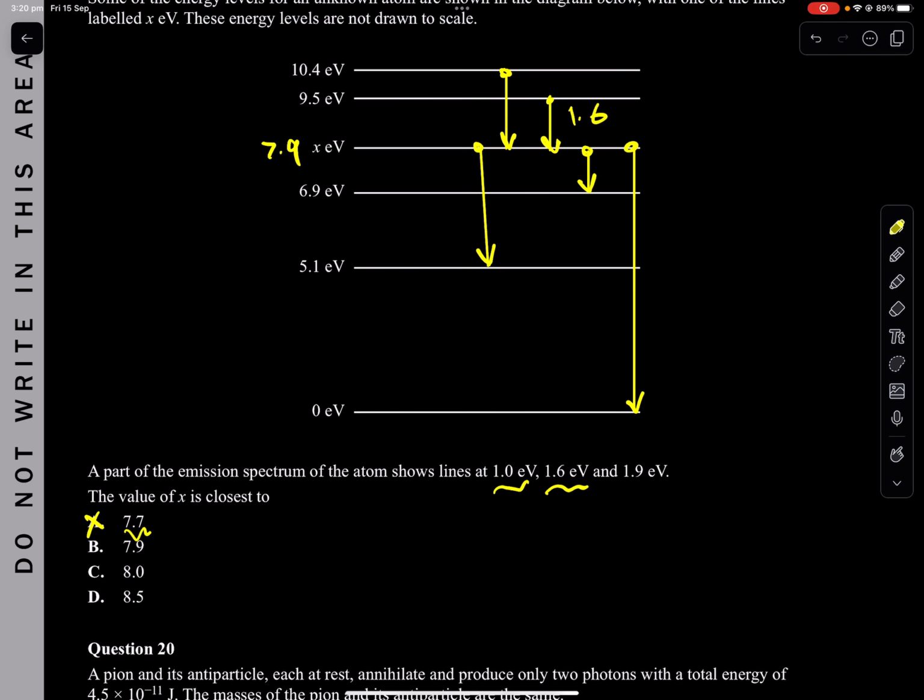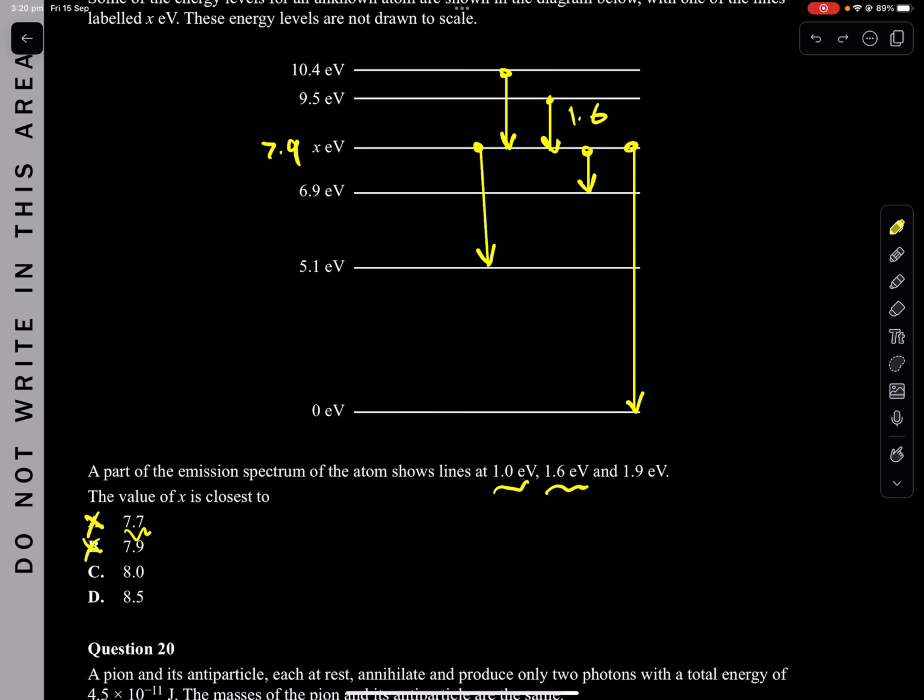Then what's 7.9 minus 5.1? No. So it could not be B, because we did not get what we wanted from here.